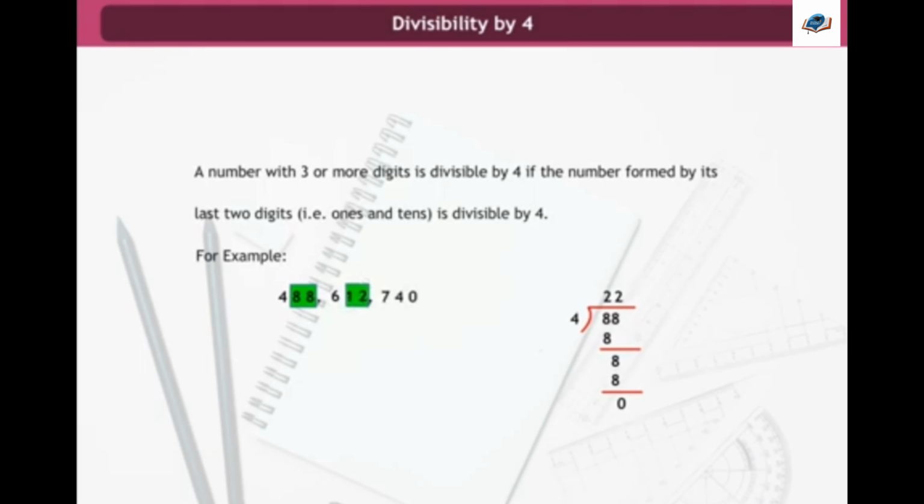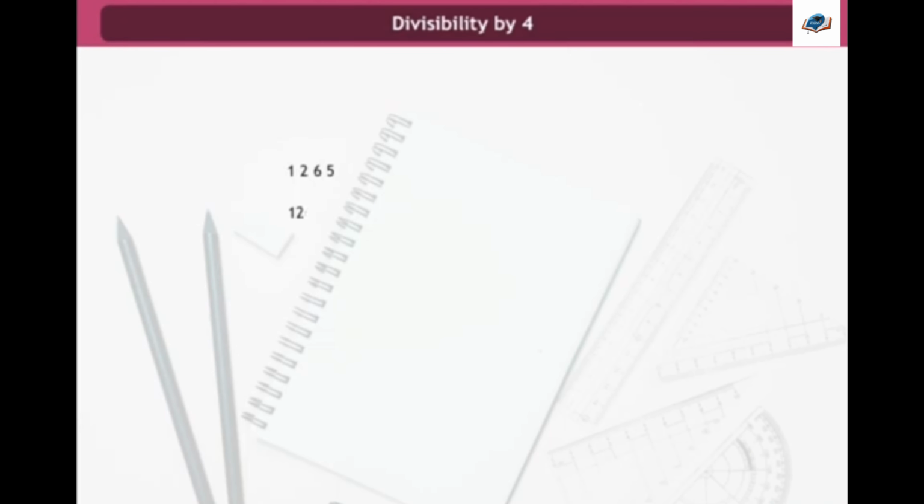Similarly, 612 and 740 both are divisible by 4. Note that 1265 is not divisible by 4 as its last two digits, that is 65, is not divisible by 4.